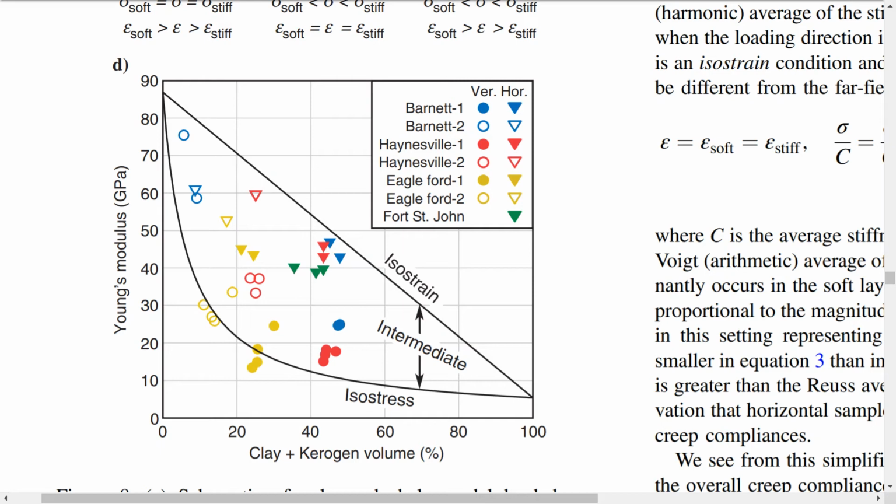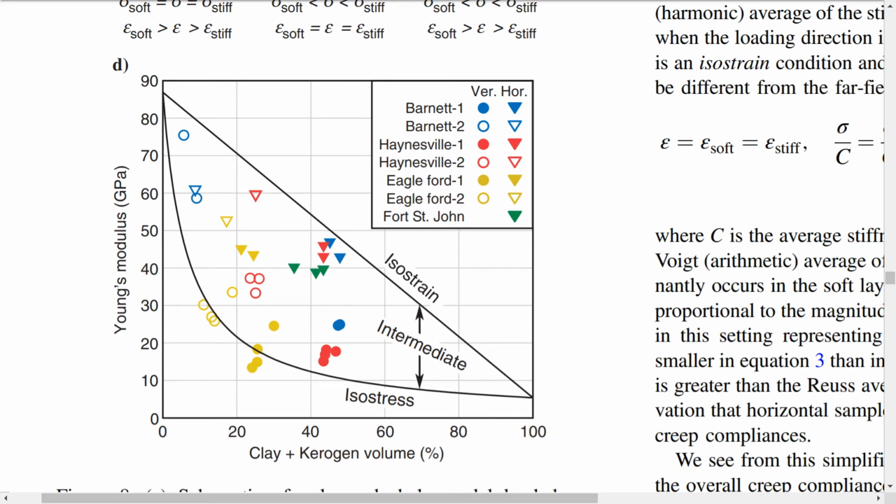For this Haynesville rock, also horizontal Young modulus is larger than vertical. And the same repeats for all the samples. And again, you can see the variation with the amount of the soft part.